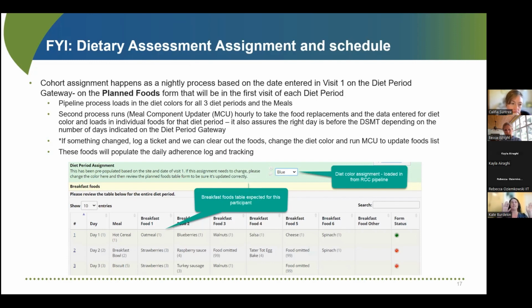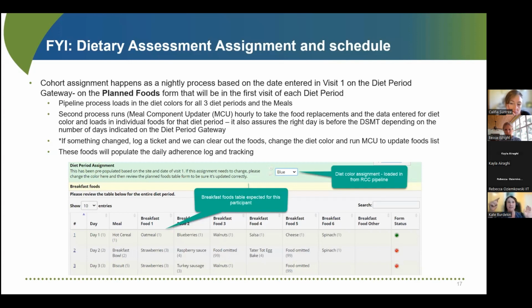And let me take a step back. So there's 2 different steps in the system. And I don't want to get into too much detail about this, but I think you'll see why it's important we talk about how it's 2 steps, because it helps us in the future think about when things change, what do we do? So step 1 is we take that visit 1 date, we compare it to the data we have on file about which cohort that maps them to, and therefore what diet assignment they have.